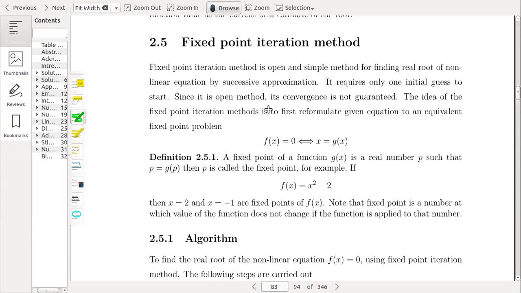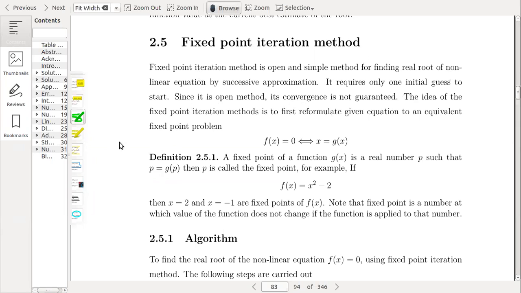Since it is an open method, its convergence is not guaranteed. The idea of the fixed point iteration method is to first reformulate the given equation to an equivalent fixed point problem. There is nothing difficult to explain, but just remember that the fixed point method is an open method but not a bracketing method.